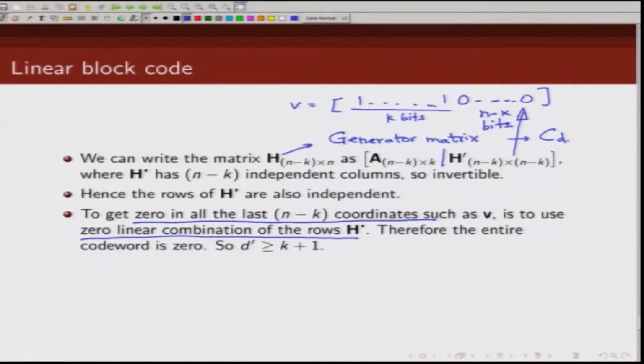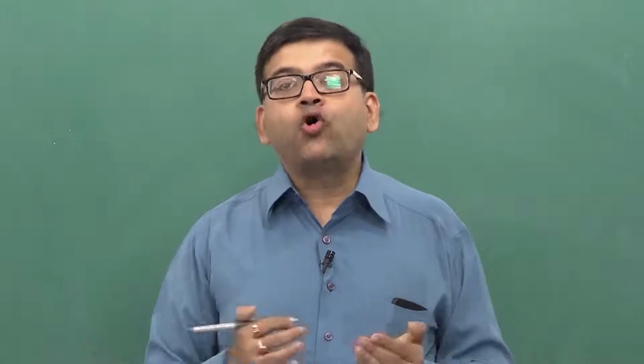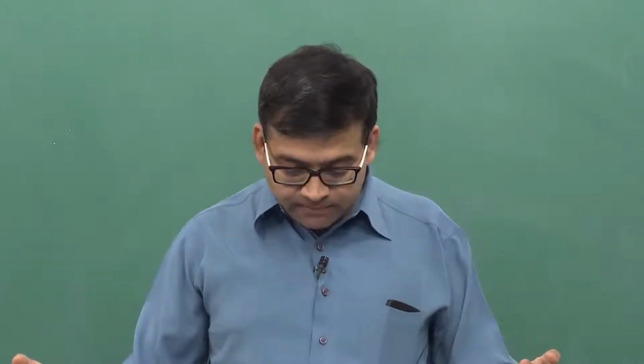Why? Because, remember, these are linearly independent columns and rows. So the only way we can get all 0 here is if we take the 0 linear combination. So we multiply all the rows of this generator matrix by 0. But if we do that, what is the minimum distance that we get? The code word that we get is the all 0 code word.